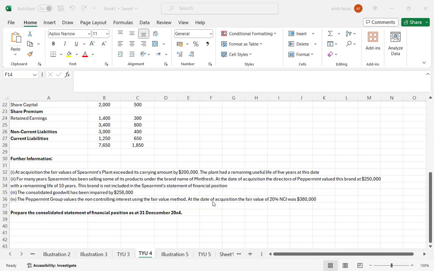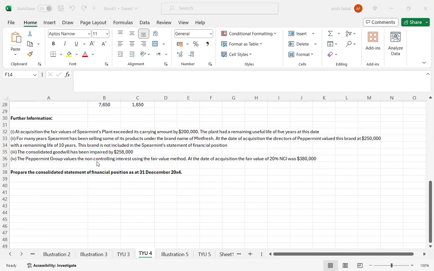But in this case, the parent is acquiring a company, so it's actually putting a value onto it, and it can be sold separately. At the date of acquisition, the directors of Peppermint valued this brand at 250K with a remaining life of 10 years. Now, the brand is not included in the statement of financial position. Obviously, it will not be included because it was an internally generated intangible asset.